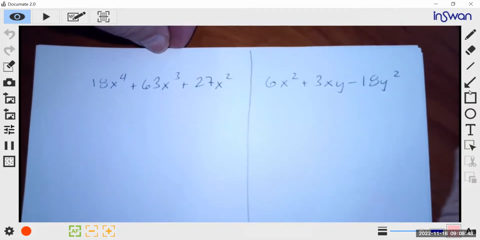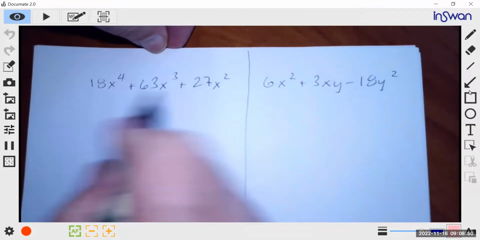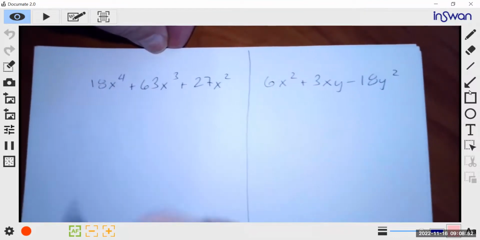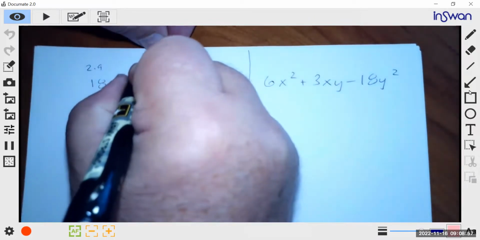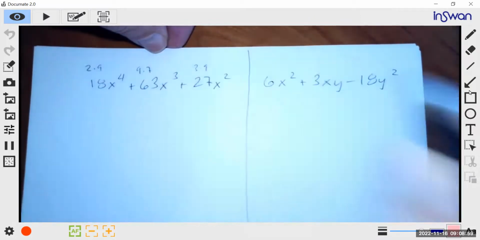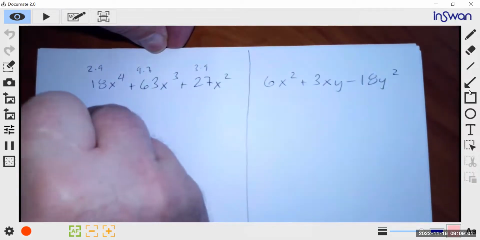Well, how much? Just 3? And we're doing this one, not the easy one. 9, because this is 2 times 9. This is 9 times 7. This is 3 times 9. Yeah, so we take out a 9. And how many x's?